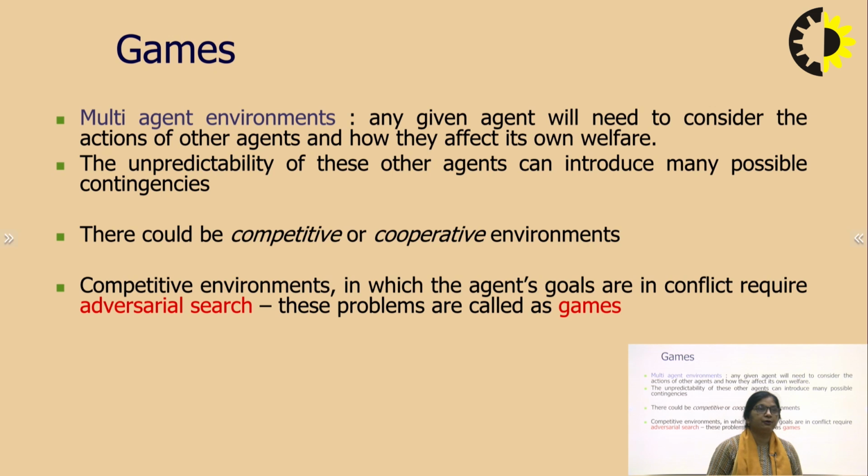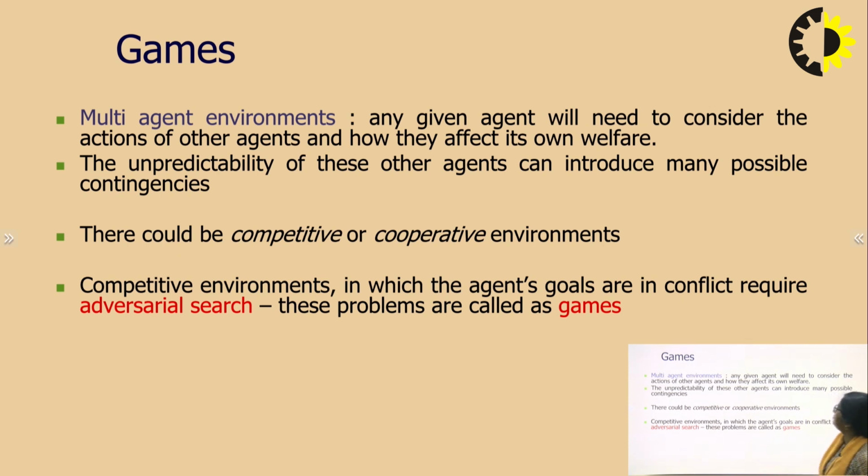Here we are talking about an environment with multiple agents. Many agents work at the same time, which means they are making changes to the environment. So, if we consider a particular agent, it works in the environment, and the environment is also being changed by other agents.